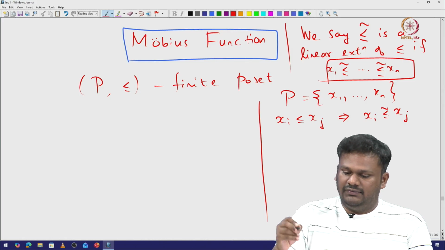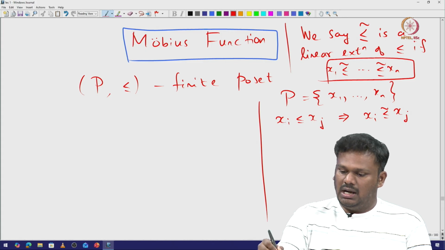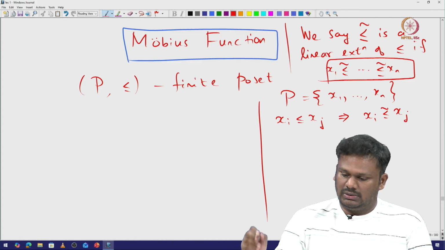In this case we say that less than or equal to tilde is a linear extension of our given partial order less than or equal to.